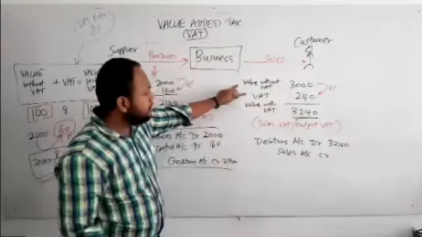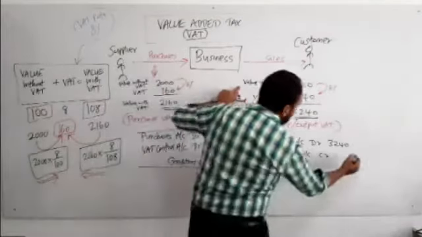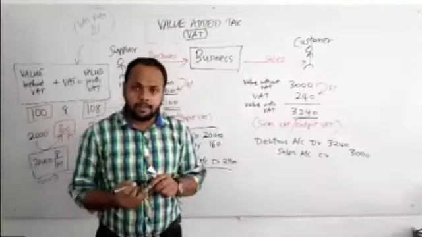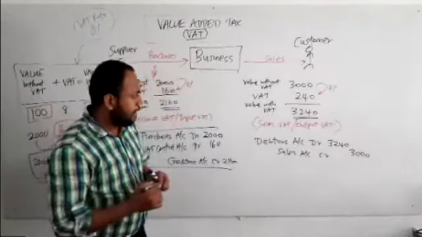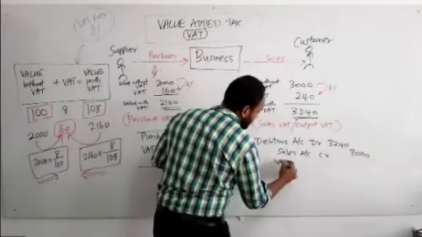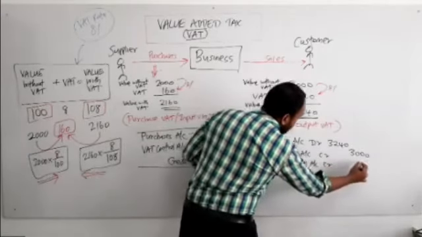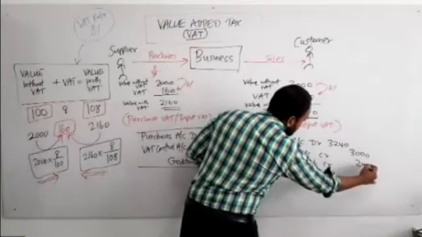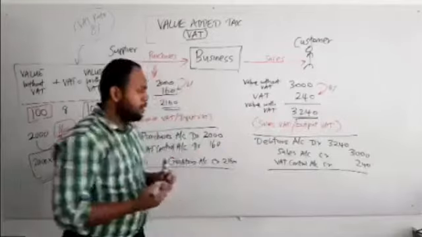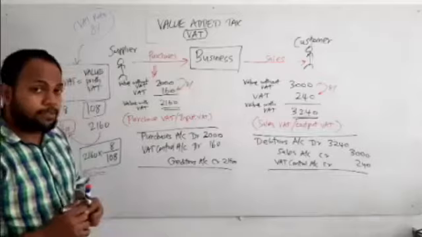Our sales is not 3240. Sales amount is 3000. We have to credit 3000 in the sales account. And the 240 VAT will be credited to the VAT control account. This is a VAT payable. So we credit the VAT control account. Right, so that's the double entry.